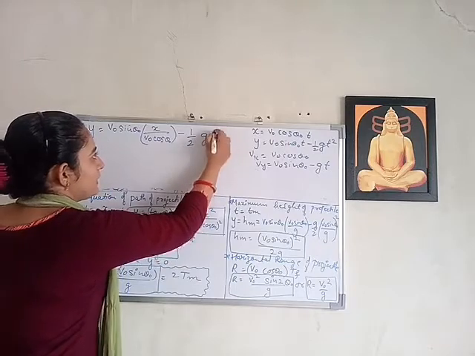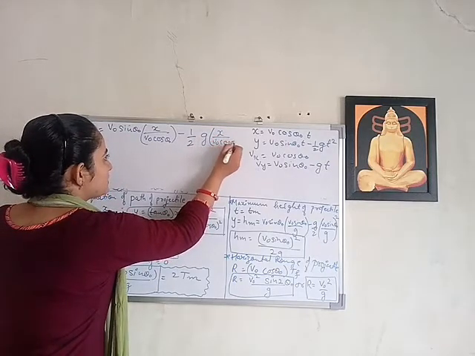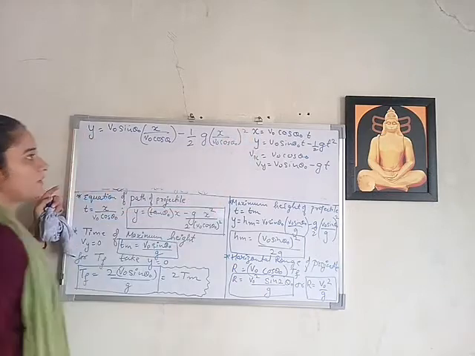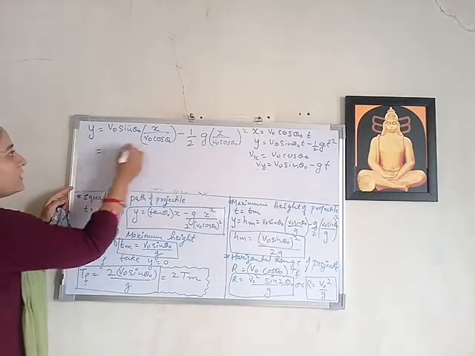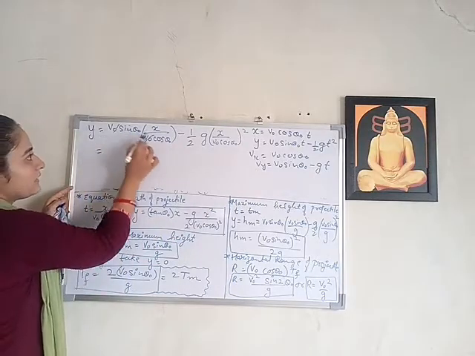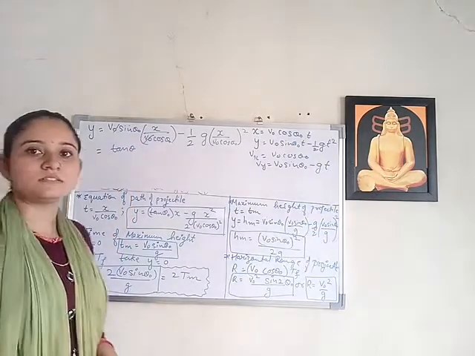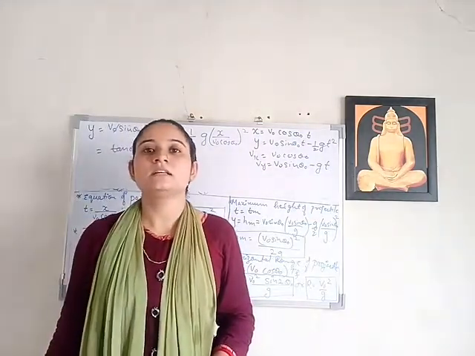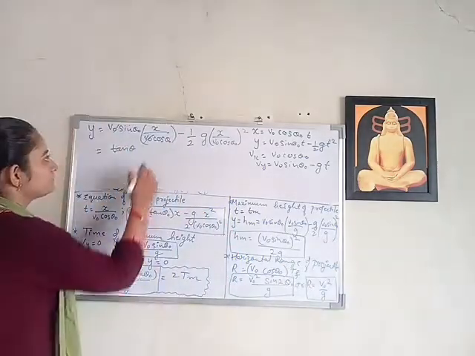At the place of t, what we need to put? x upon v0 cos theta 0 the whole square, because it is t square. So here v0 cancels out, sin theta by cos theta is tan theta. This is the trigonometric formula, that is, sin theta by cos theta is tan theta.